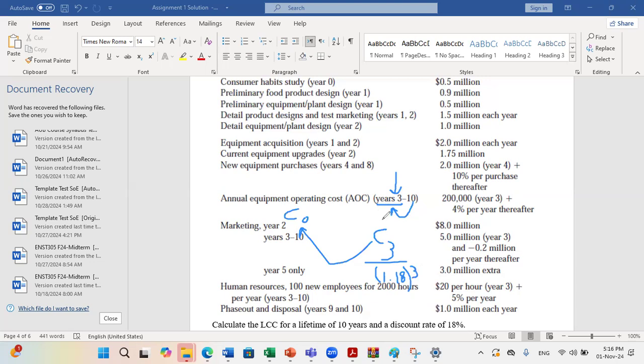Now, how do I evaluate my costs back to year 3? If I consider year 3 as my reference, what is the summation that I will do? If I consider now that year 3 is year 0 for me, then year 4 will be year 1, year 5 will be year 2, etc., and year 10 will represent year 7.